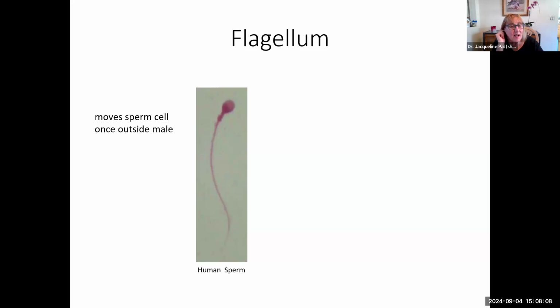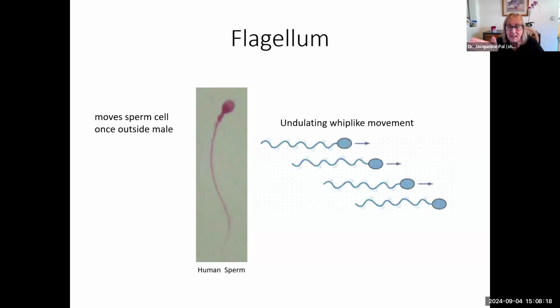But once it's outside the male, then it uses energy to move its flagellum, and the flagellum can move because it also has cytoskeleton. It does not move back and forth like your cilia do. Instead, it has a sidewinder kind of movement, a whip-like movement like a sidewinder snake.